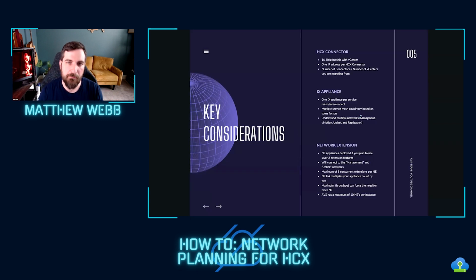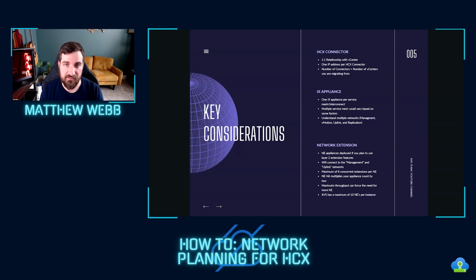All right, so I know what's at play. I know the topology. I understand the appliances at play and the topology and the architecture. So what do I need to know when it comes to planning for HCX and the appliances? Well, one, the HCX connector has a one-to-one relationship with vCenter. So if you have multiple vCenters in your data center, you're likely going to have multiple HCX connector appliances.